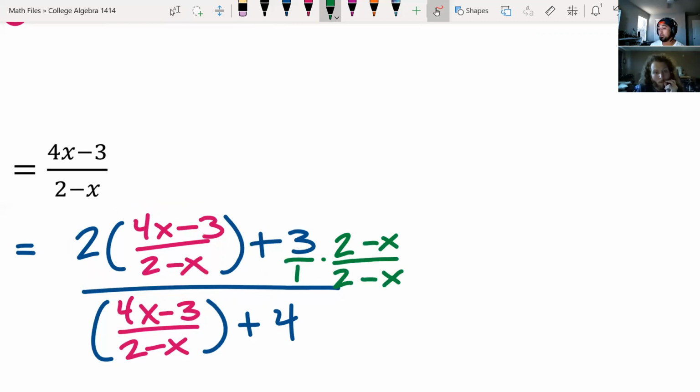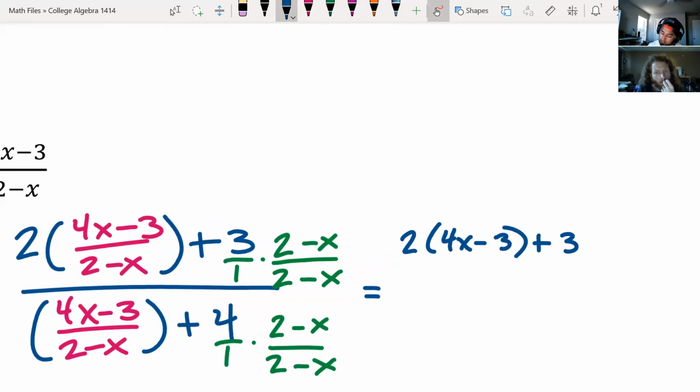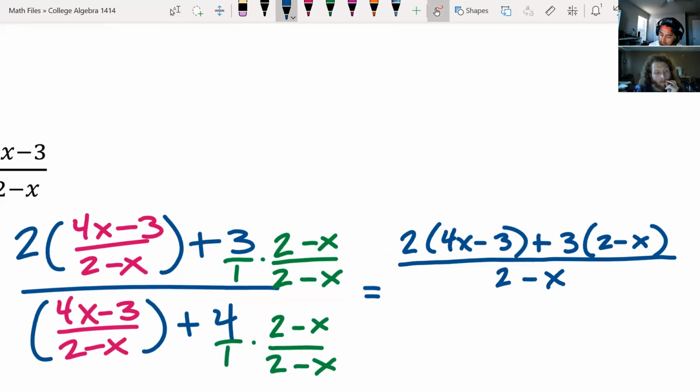And we'll do the same below: put 4 over 1 and multiply by 2 minus x. Okay, here's what we're going to have: 2 times (4x minus 3) plus 3 times (2 minus x), over the same denominator of 2 minus x.